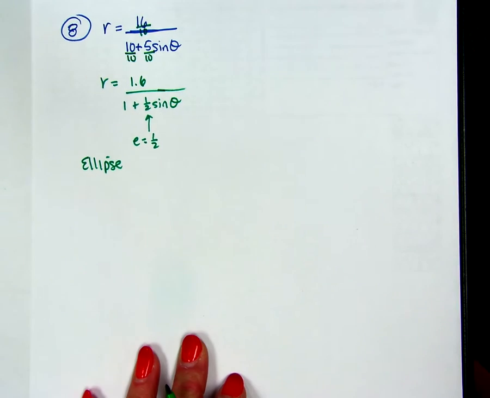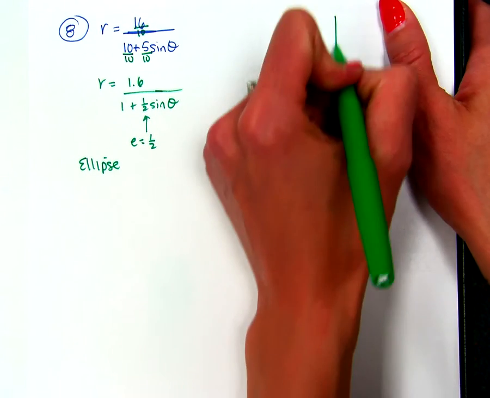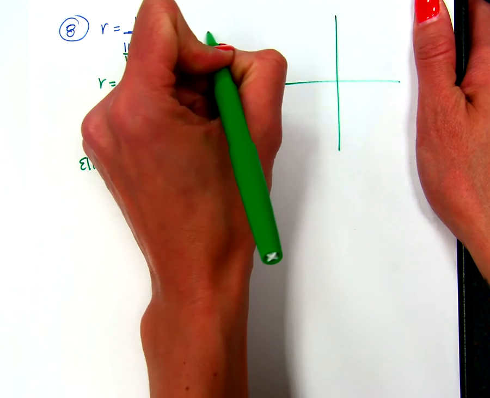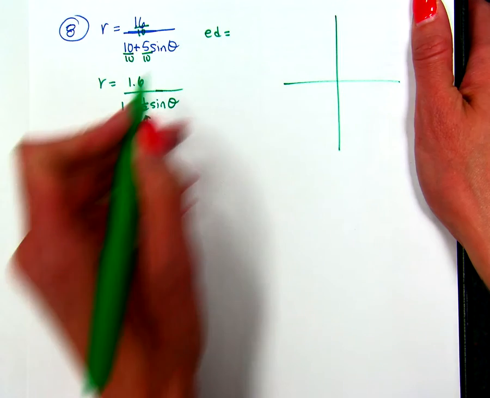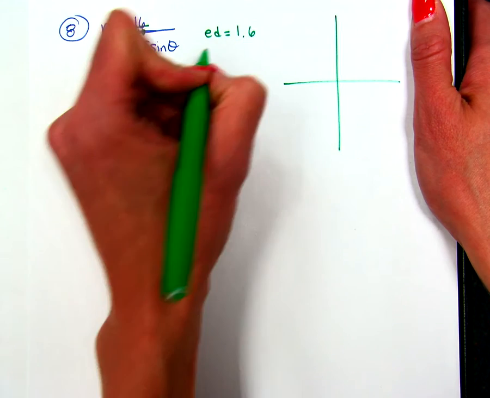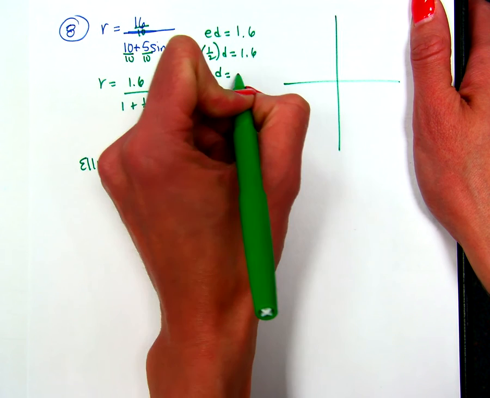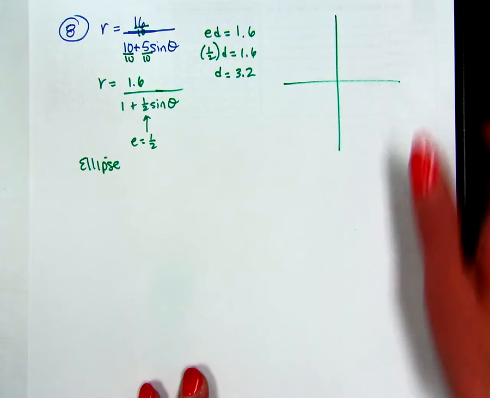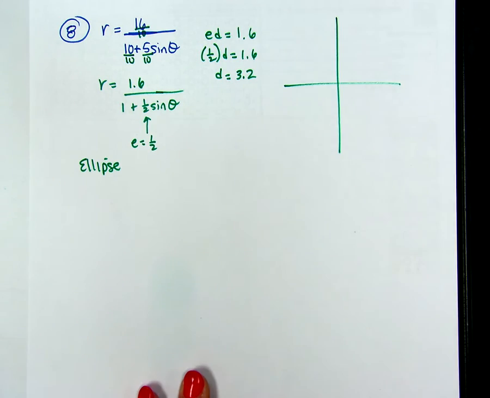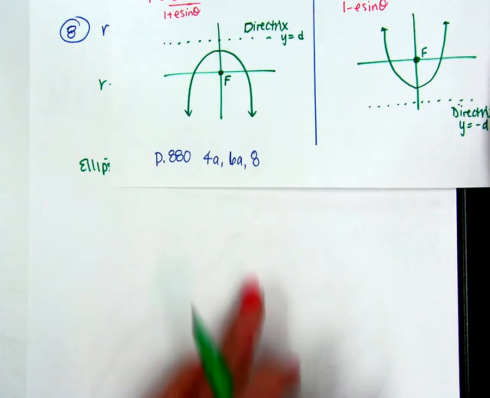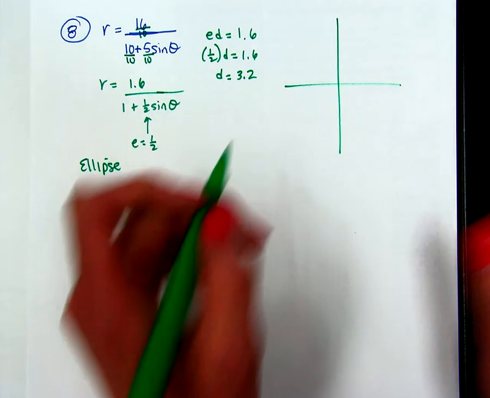And we could graph our directrix. I think that would be helpful. So e times d is going to be equal to 1.6. If I know that e is equal to 1/2, then if I multiply by 2, I get d to equal 3.2. And according to this generic equation, the directrix is horizontal, and it's y equals 3.2.